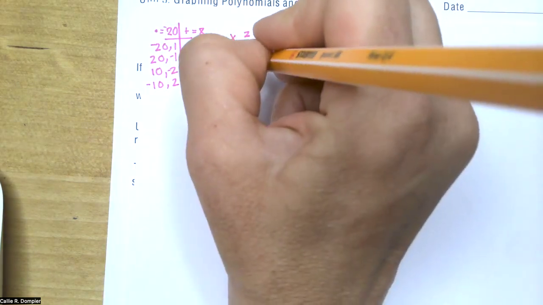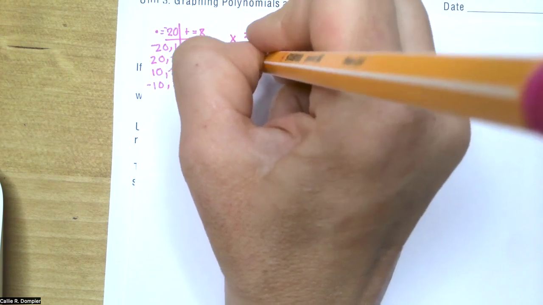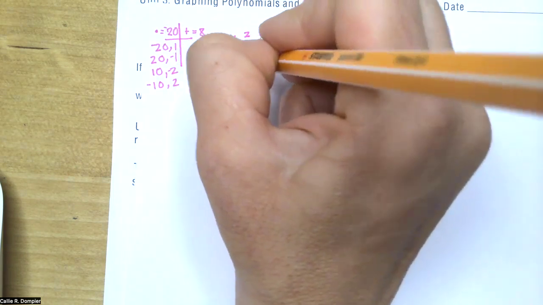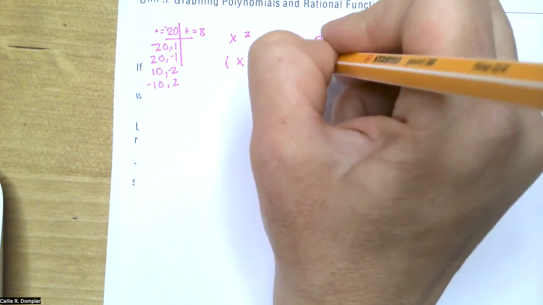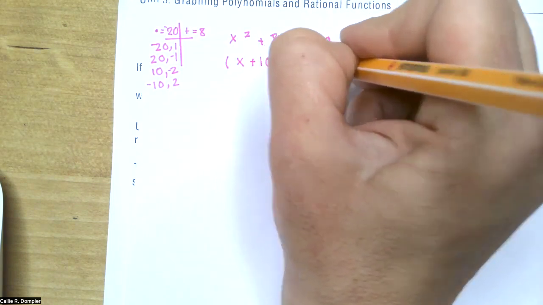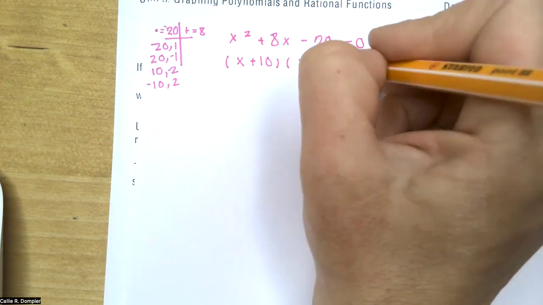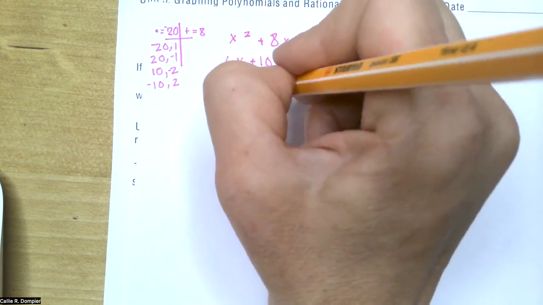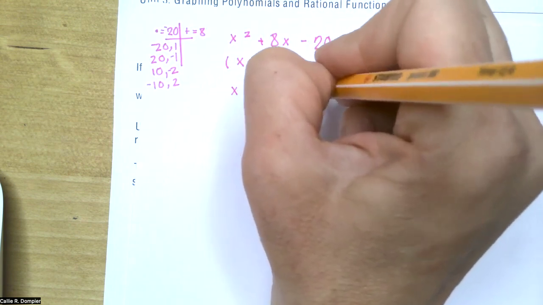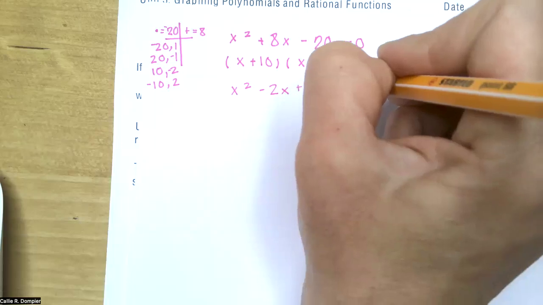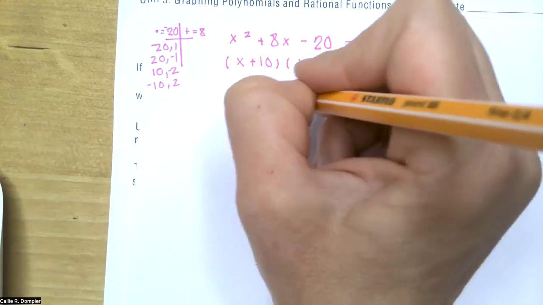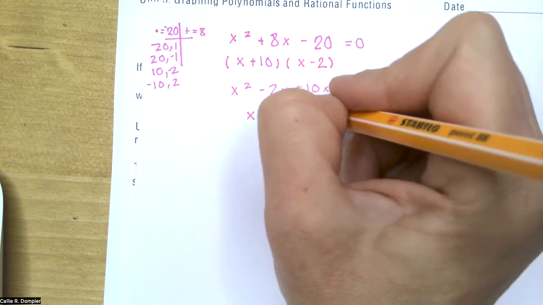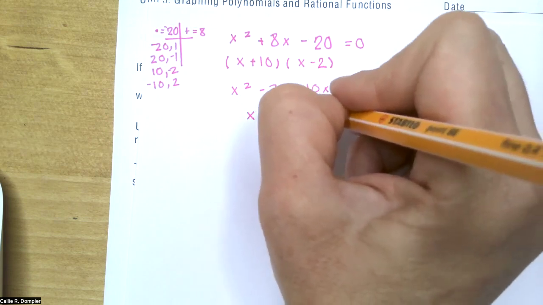So what our answers are: x plus 10, x minus 2, right? If I multiply this all out, if I FOIL it out, I get x squared minus 2x plus 10x minus 20, which when we combine like terms, we get x squared plus 8x minus 20.